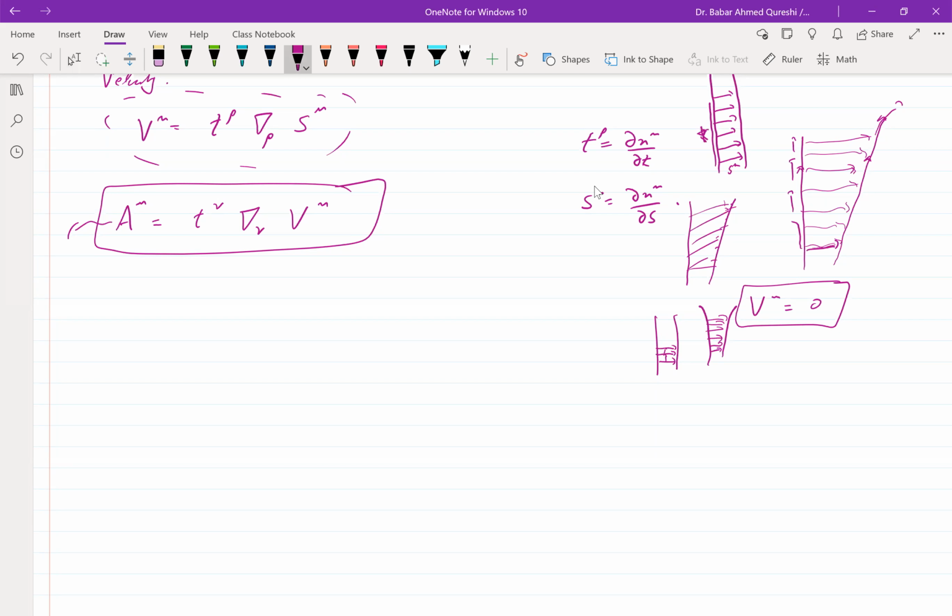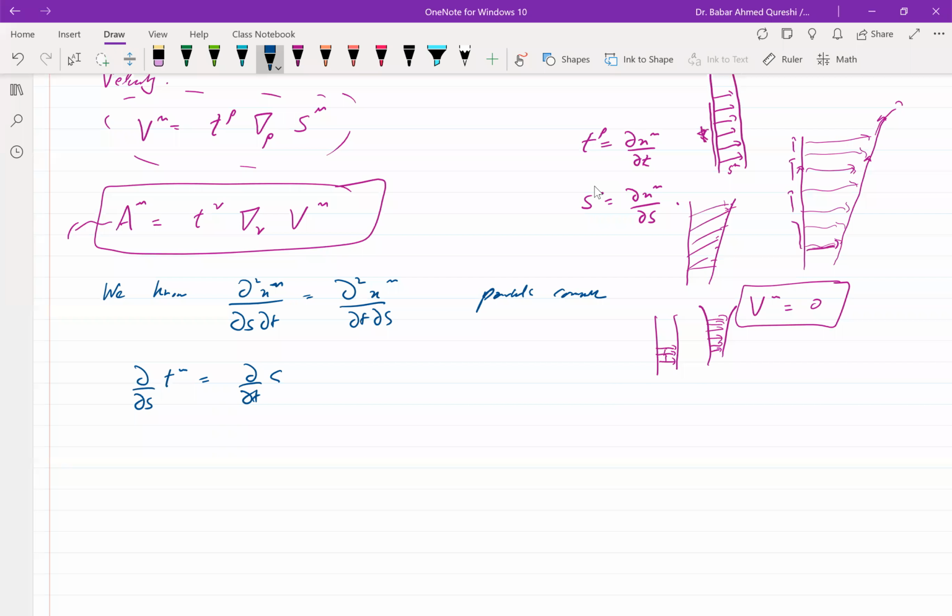Now we want to compute this, but before I compute it, I need a very small result. So we know that this is obviously true. It's just that the partials commute. But this first derivative is just t mu. And this is d by dt of s mu. This is the same equation.